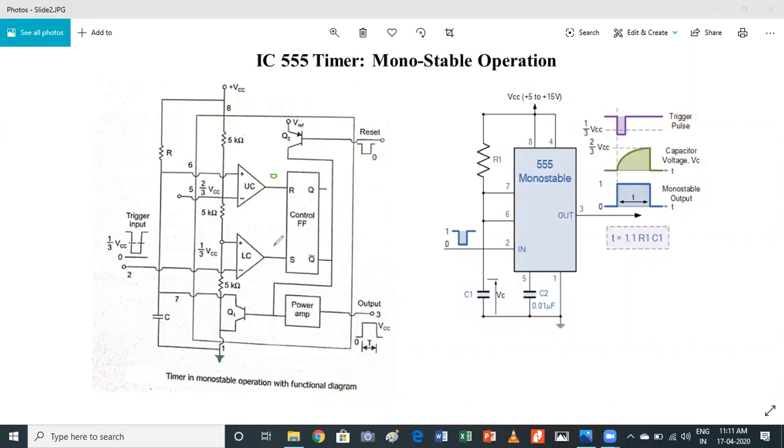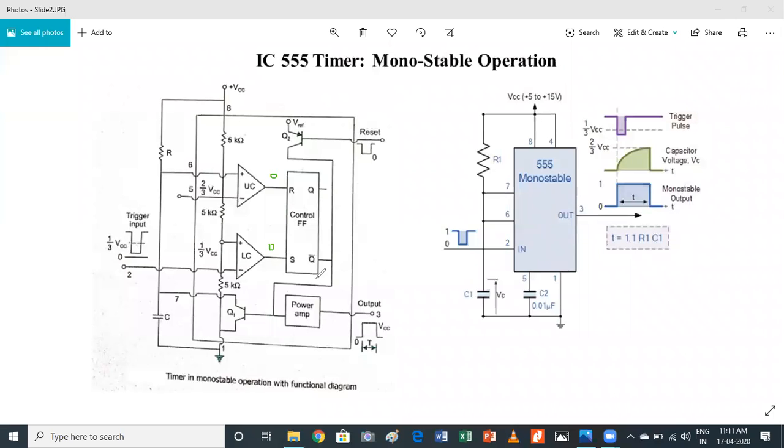So for the flip-flop, both inputs being 0 means it remains in the previous state, or there is no change in the output. Previous state means Q is 0 and Q bar is 1.